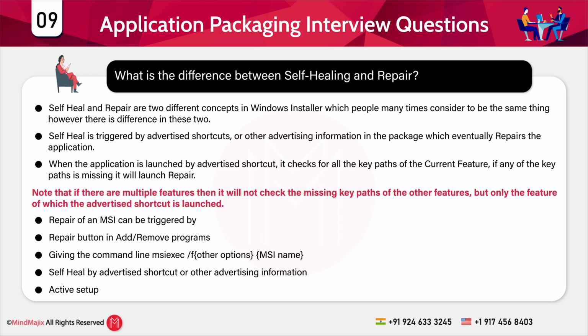So if there are multiple features, it will not check the missing key paths of the other features, but only the feature whose advertised shortcut is launched. Only for that one it will search and repair. It will only repair for the key path of the current feature, not for multiple features.